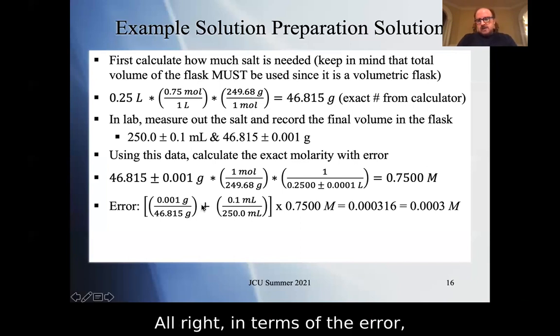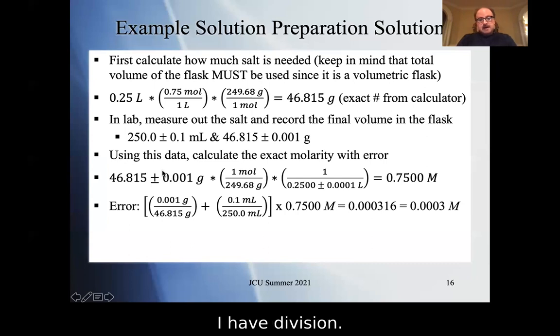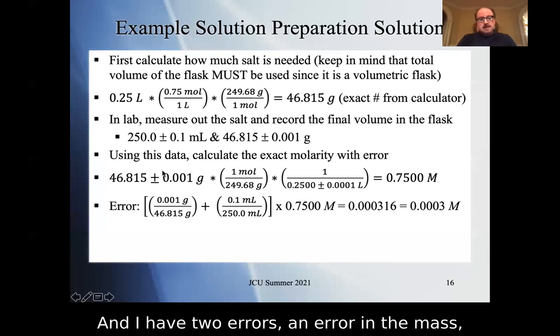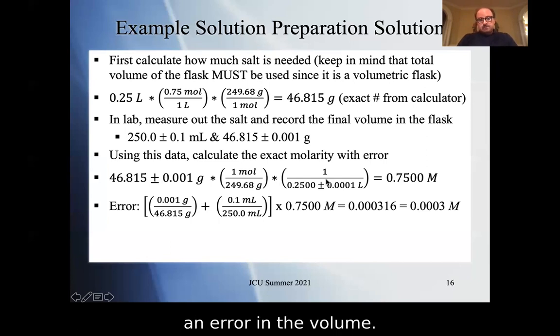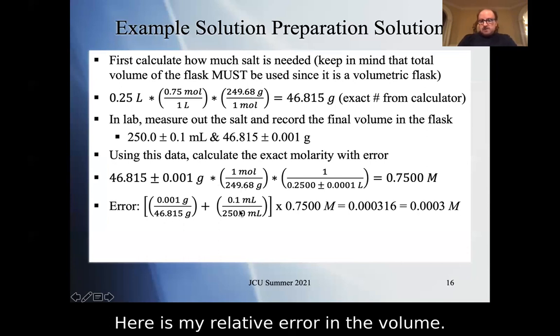All right, in terms of the error, this is basically the same thing as density. I have division, and I have two errors, an error in the mass and an error in the volume. So here's my relative error in the mass, 0.001 over 46.815. Here is my relative error in the volume.